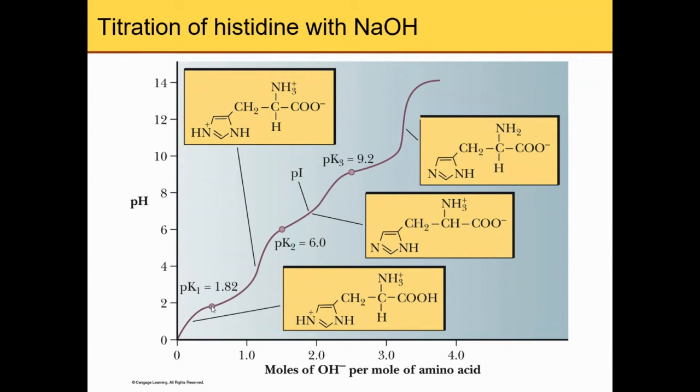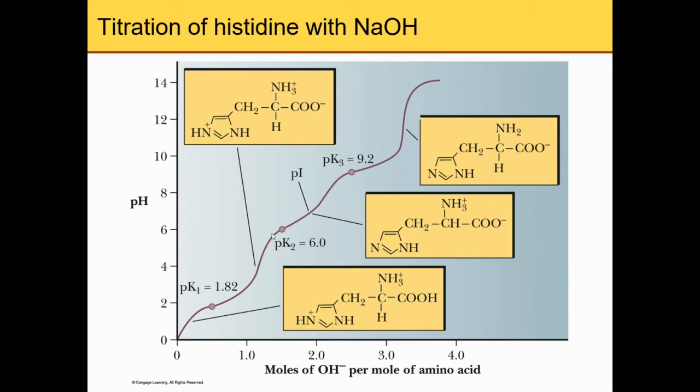At this point, 1.82, the amount of the +2 versus the +1 will be equal. If it's pH 2, then the +1 will be dominant, because at pK1 the amounts of +1 and +2 are equal.